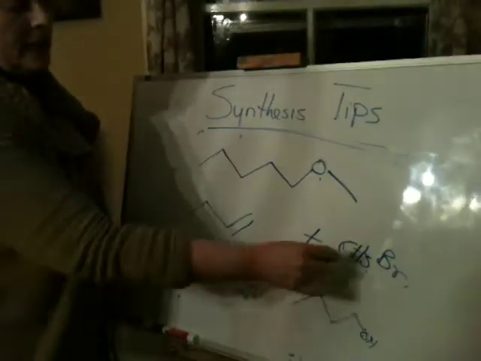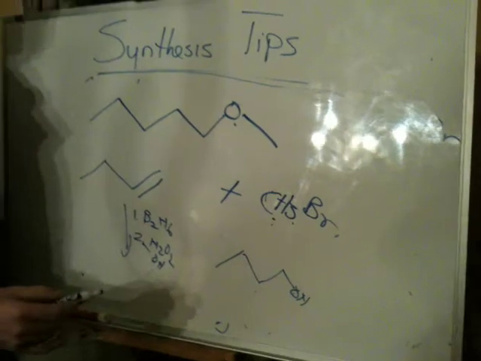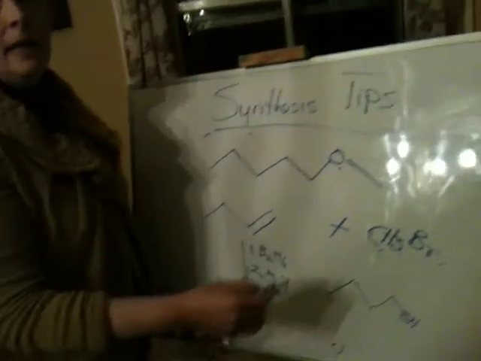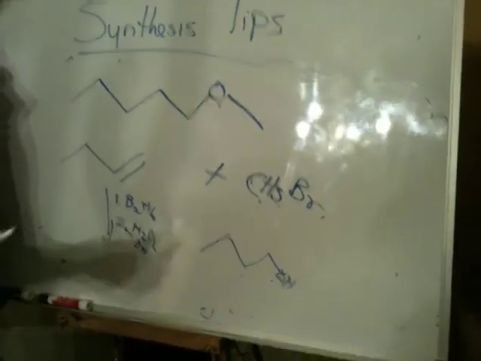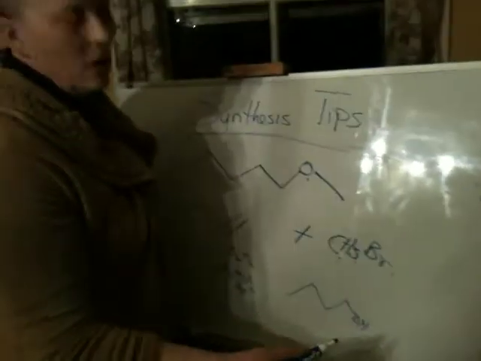If I have this and add these two together, if I add this butanol to this bromobutane, they are not going to react. And the reason they're not going to react is this is not a strong nucleophile. How do you create a strong nucleophile? You have to rip the hydrogen off. So today somebody asked me how to do that, and I said, well, you got to use something pretty strong.